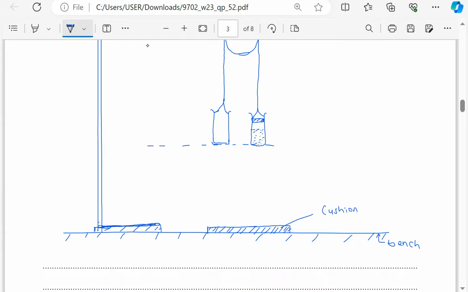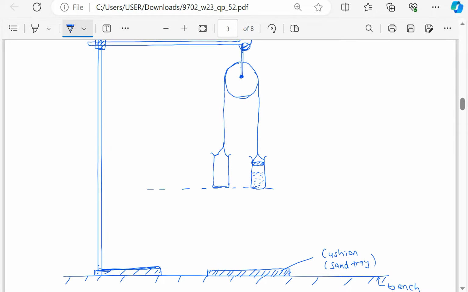So I said instead of a cushion, you can put there a sand tray. Okay, so the height h is going to be measured using a ruler.